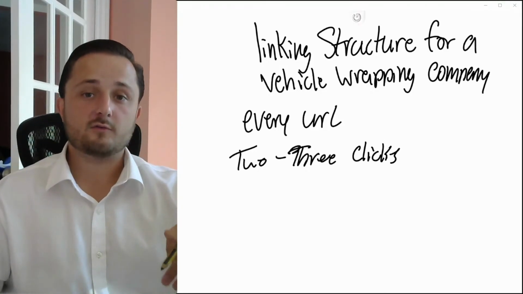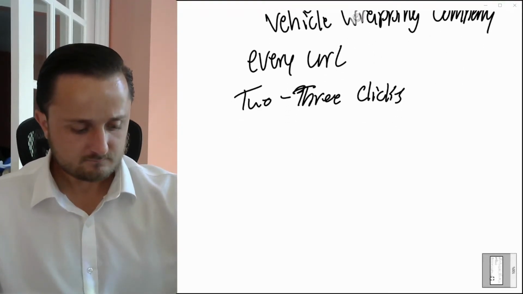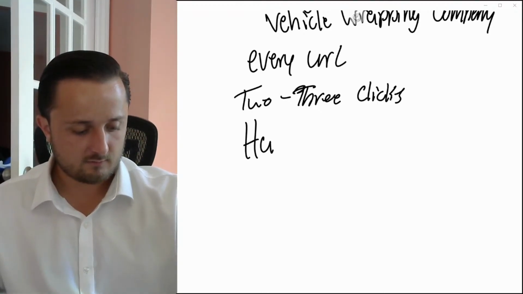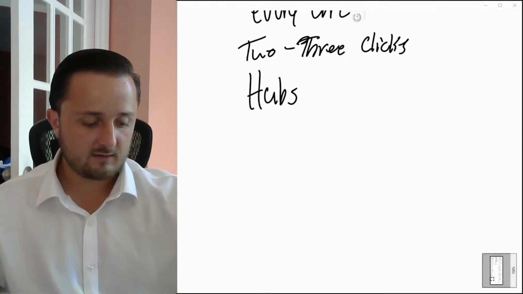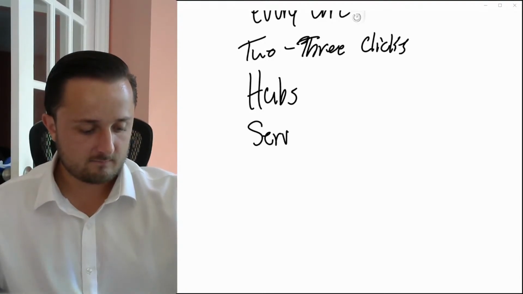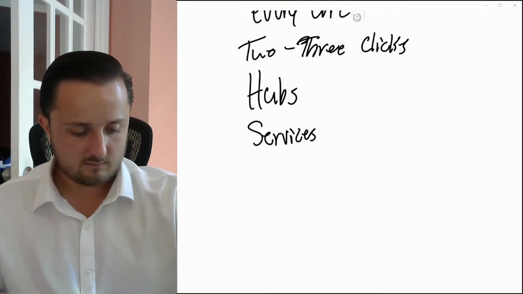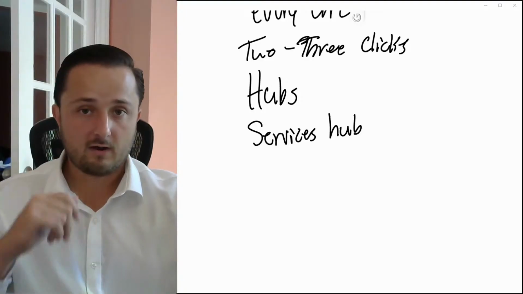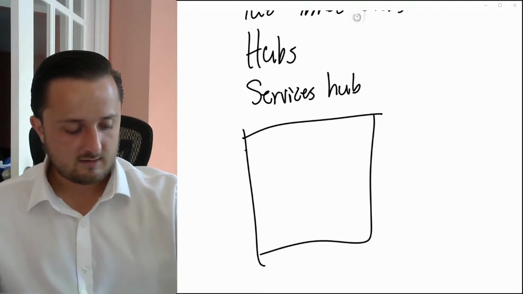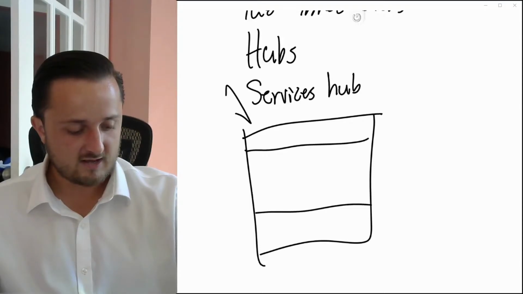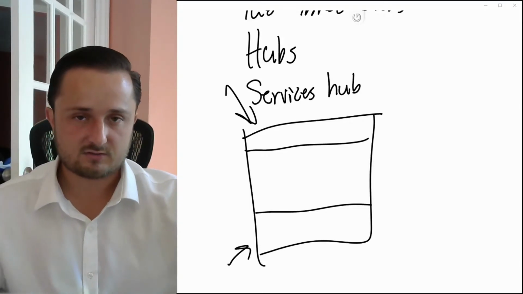And what we're going to do to achieve this is have hubs. For me, hubs are going to be something like a services hub, where from the home page, and this header navigation, which is this top navigation, and then you've got this footer navigation on the bottom.